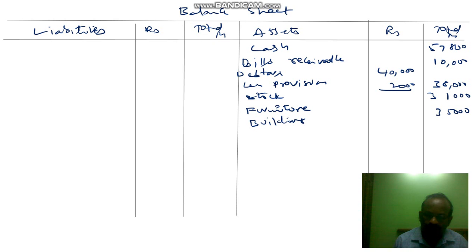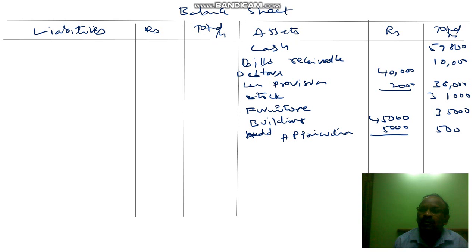Here the buildings is 45,000. Add, not less, appreciation 5,000. Total is 50,000.